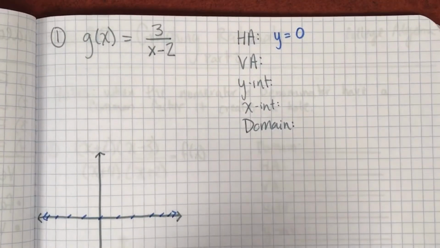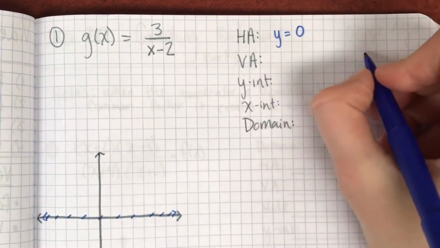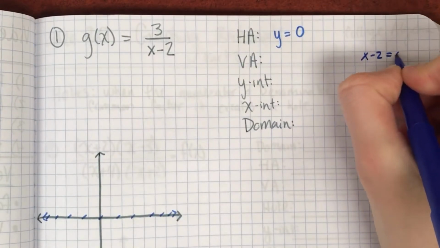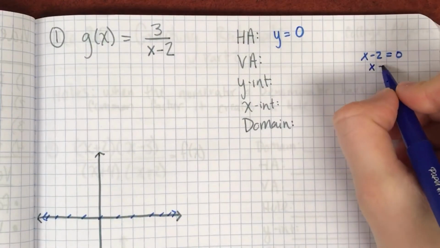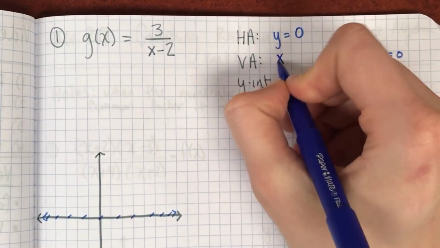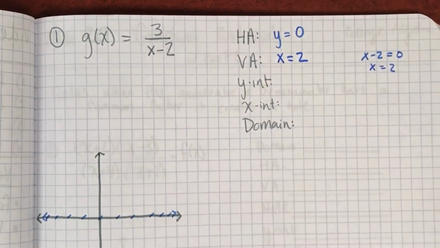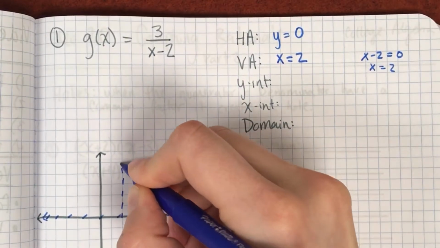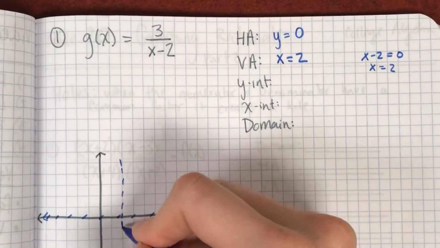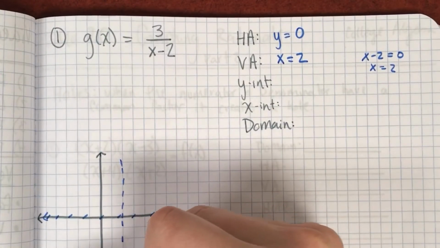Okay, our vertical asymptote. For that, we set our denominator equal to 0 and we solve. So this would be x equals 2. So here we're just going to write and draw our vertical asymptote.